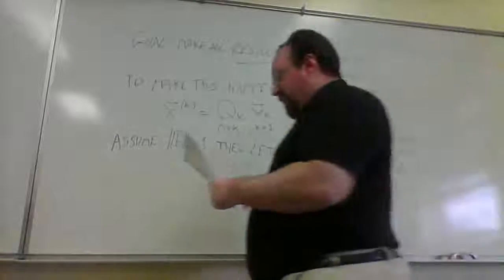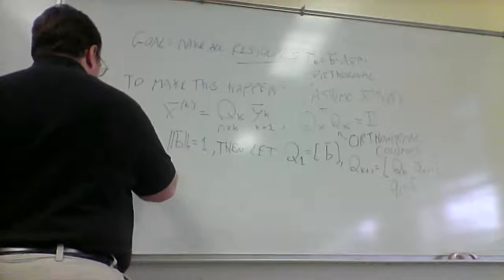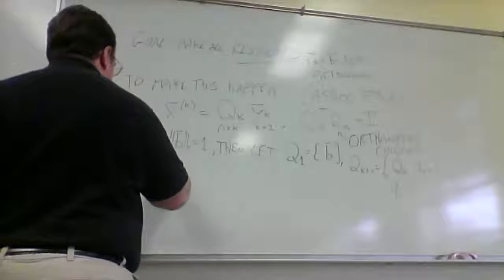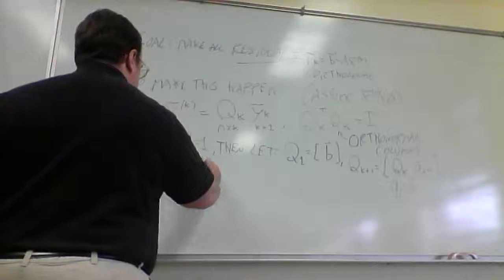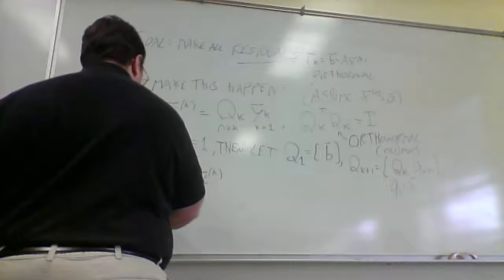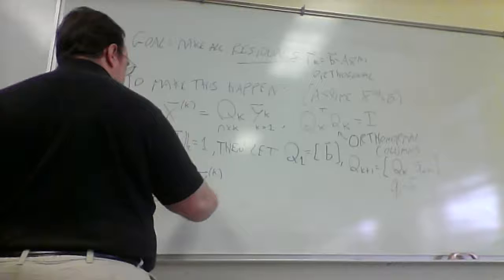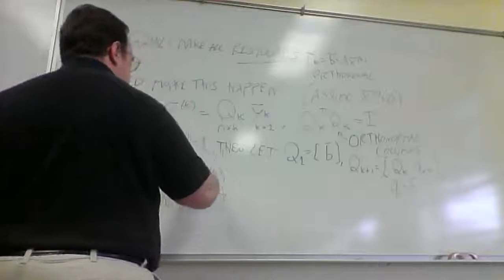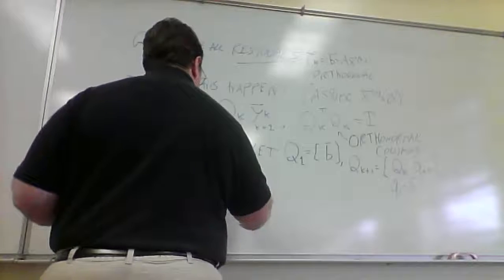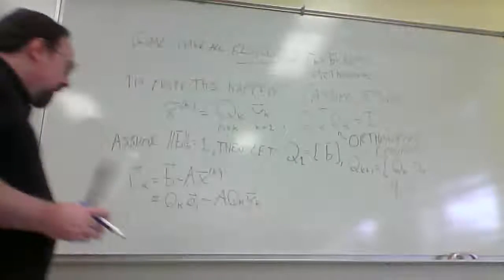If we take a look at how each residual is defined, because it's obvious residuals we want to make orthogonal. So r_k is b minus A x_k, but now I'll fill in what all these things are. So b is the first column of Q_k, and then x_k is Q_k y_k.